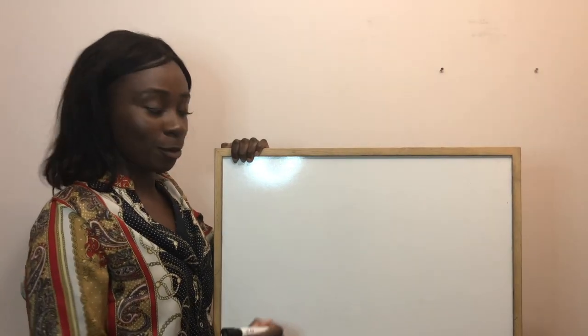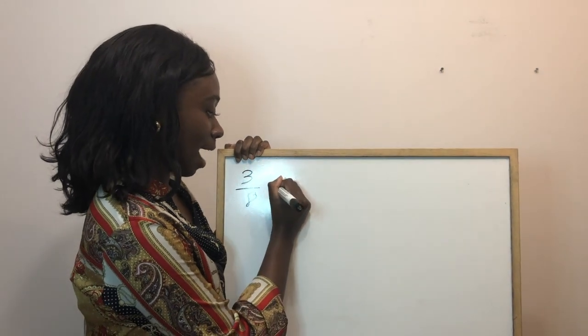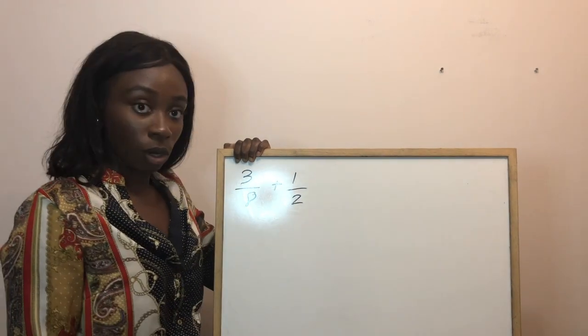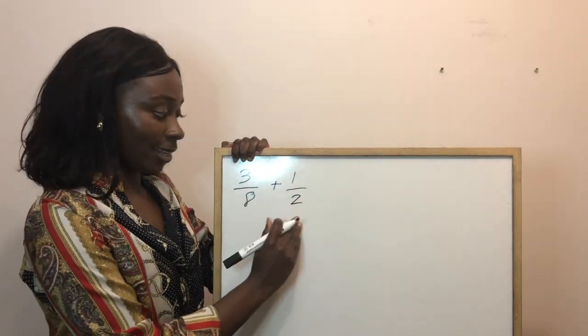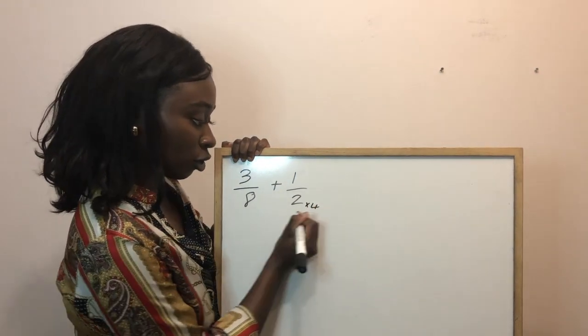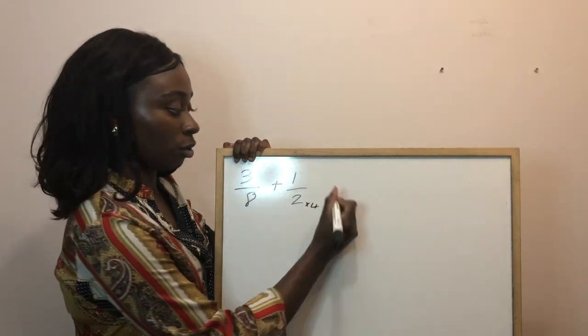So for the next example, we're going to have 3 over 8, add 1 over 2. So we've got to make sure these denominators are equal. So to make these denominators equal, we're going to times by 4 to the bottom because that equals 8. And what you do to the bottom, you must also do to the top.